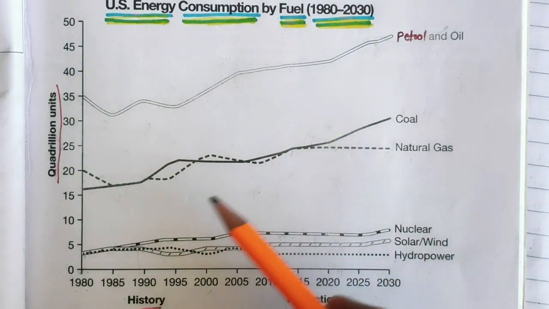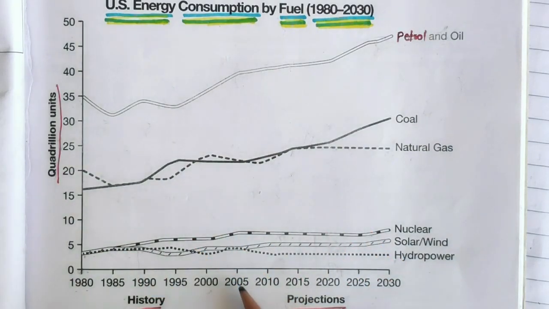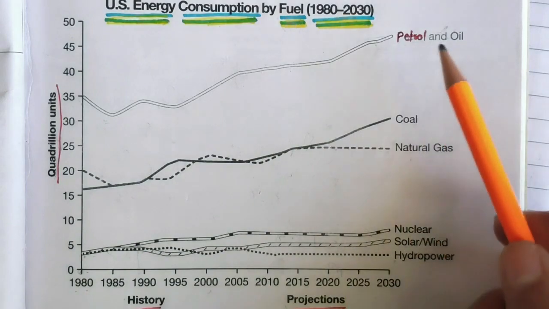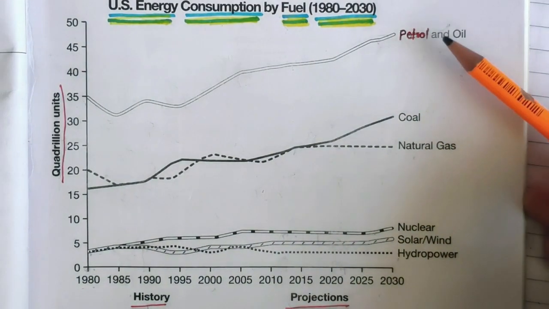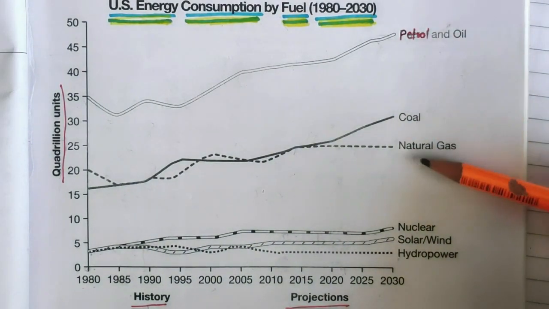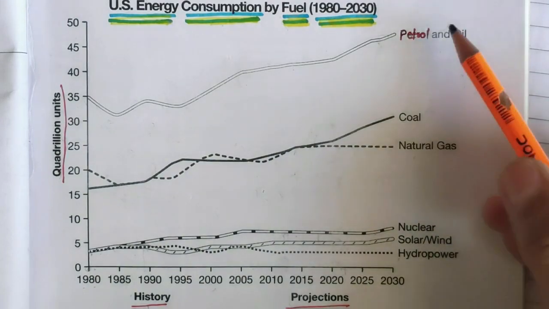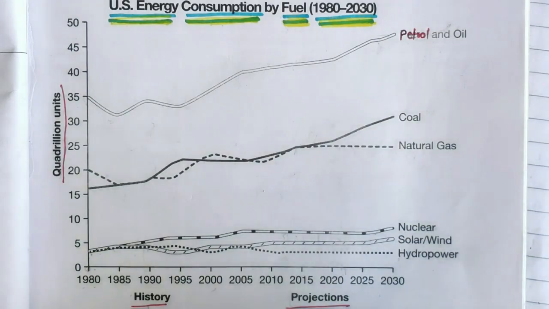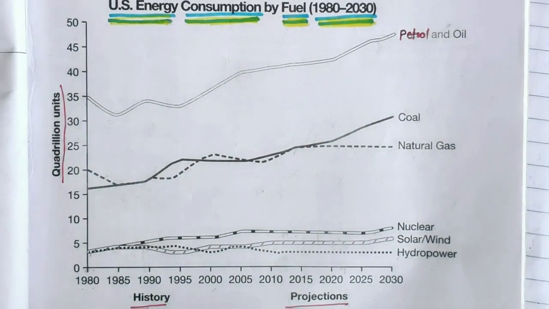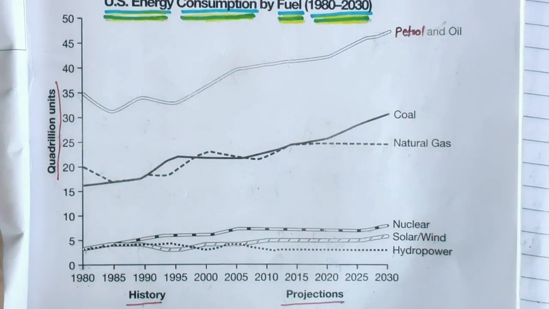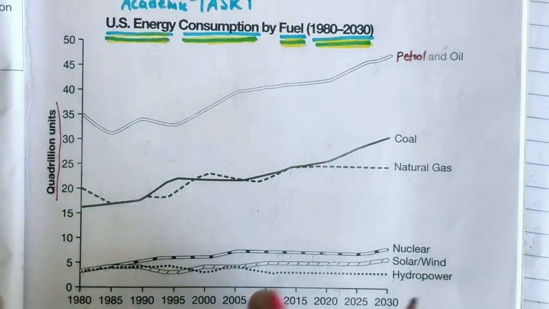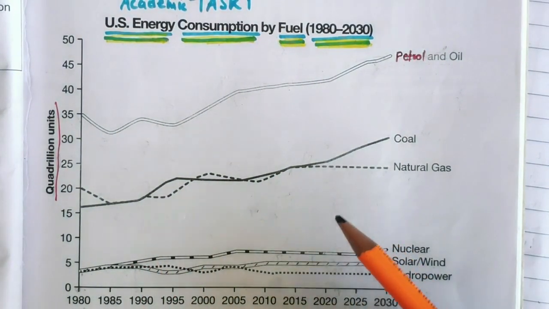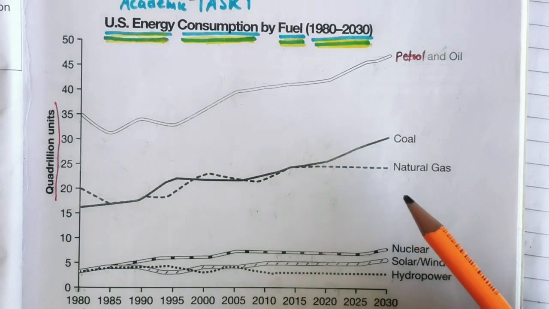Now that we have looked at this, look at the categories. We have 6 categories: 1, 2, 3, 4, 5, 6. The first category is petrol, then coal, natural gas, nuclear, solar, wind, hydropower. Now what are we going to look for in this line graph? First of all, look at the highest. What is the highest thing here?